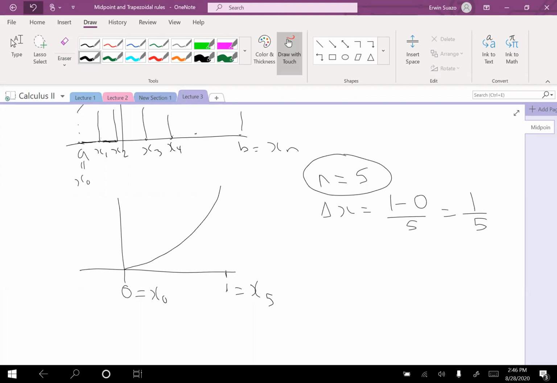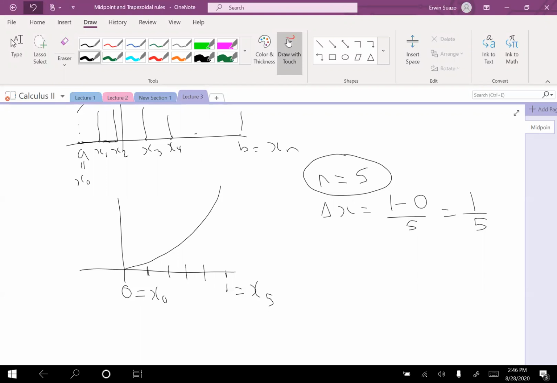So I'm going to put my partition. x0, we have 0, 1. Oh yeah, that's good. Sometimes they give us trouble, but this is good. So x1 is 1/5, 2/5, 3/5, 4/5, 5/5.